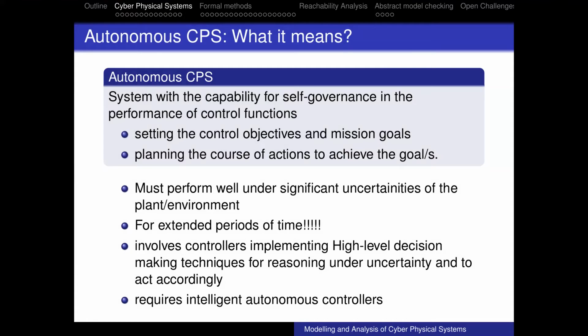Such autonomous systems can set their own control objectives and accomplish their mission goals, planning the course of actions to achieve the goals. First, setting the control objectives, then defining the goals, and then planning the course of actions to achieve them. That's sufficient to be called an autonomous system.